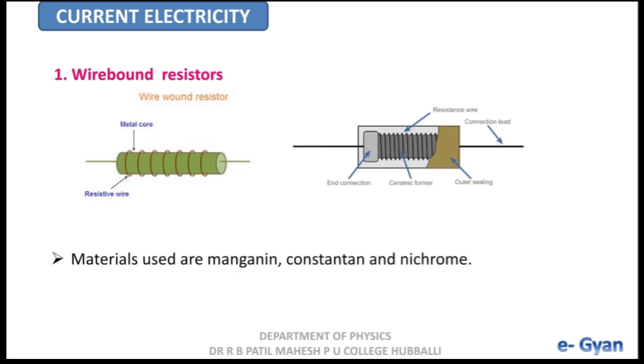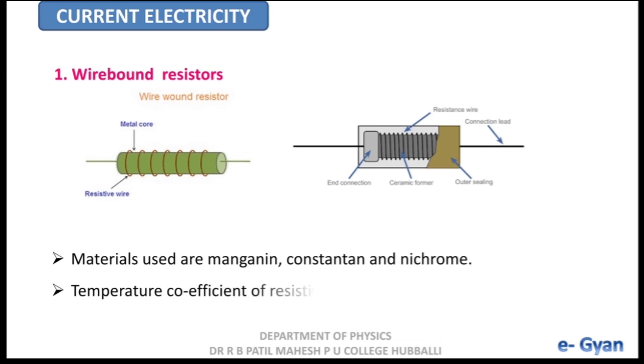Materials used for wire bound resistors are manganin, constantan and nichrome. Why are these materials chosen? These materials are chosen because of their high resistivity and low temperature coefficient of resistivity.